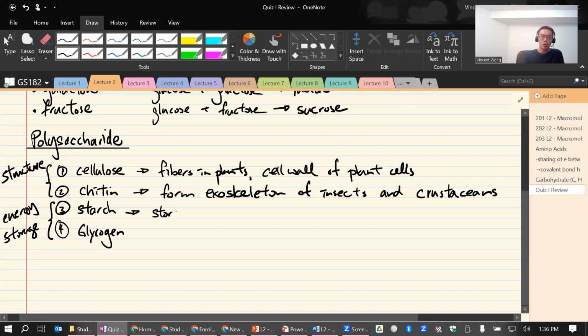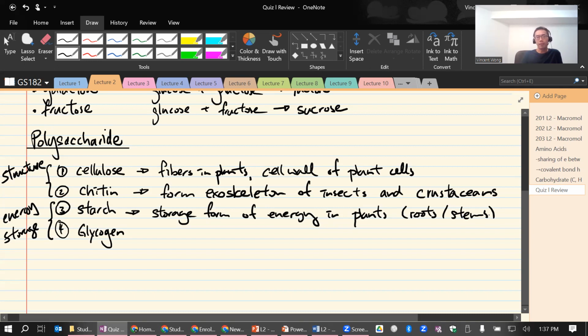Starch is the storage form of energy in plants. You will find them in roots or stems. Think potato, think yam, right? Cassava. Those are roots and stems of plants. What about glycogen?